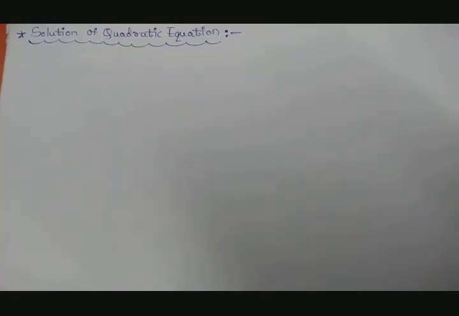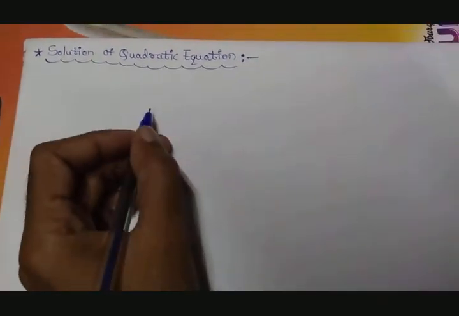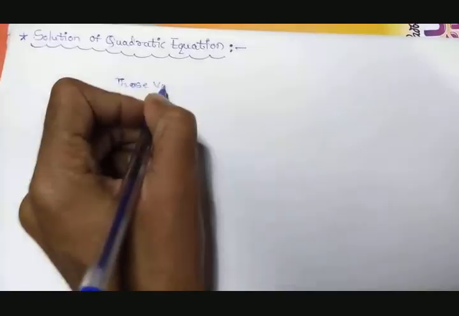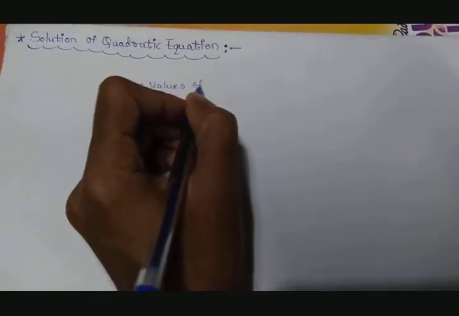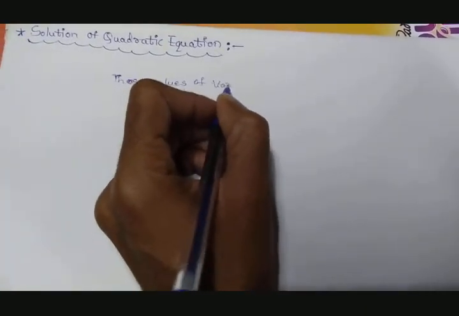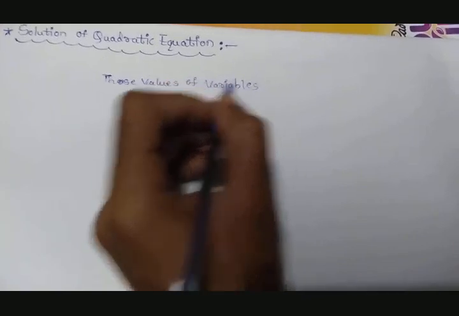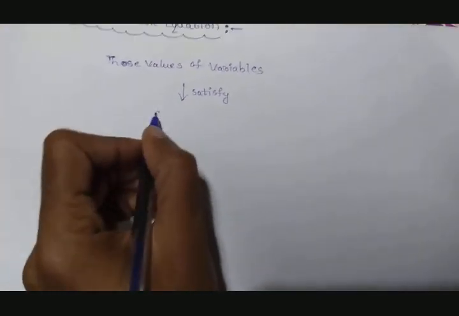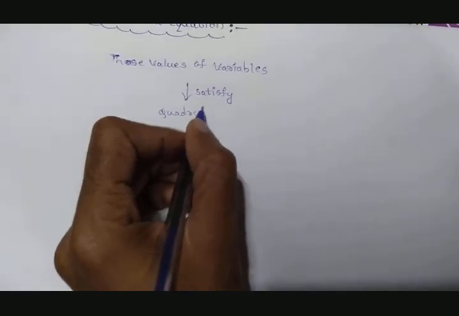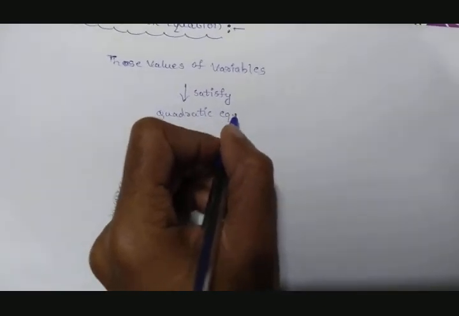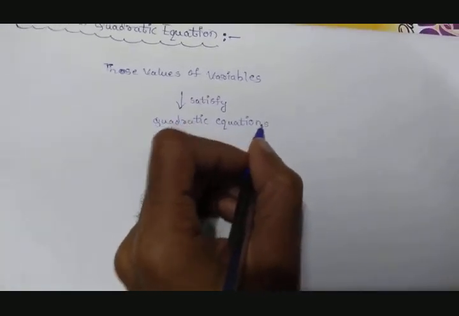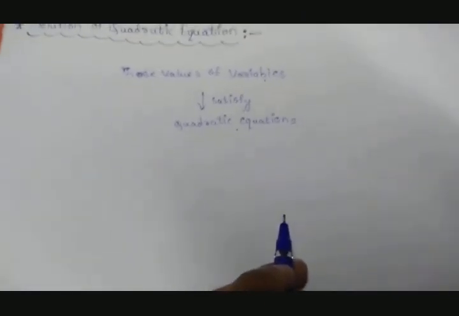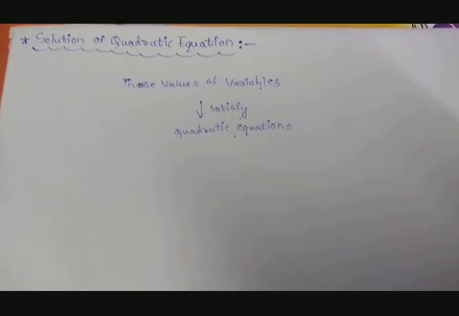So solution of quadratic equation is nothing but those values of variables which satisfy the given quadratic equation. So those values of the variables which satisfies the given quadratic equation are known as solution of the given quadratic equation.